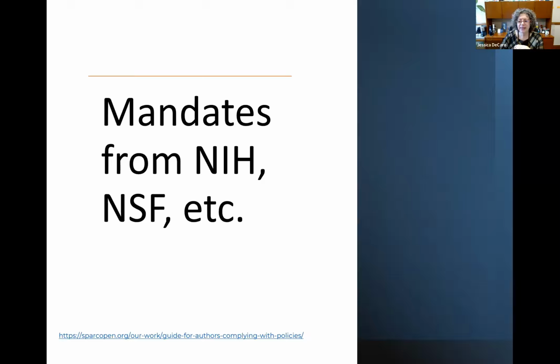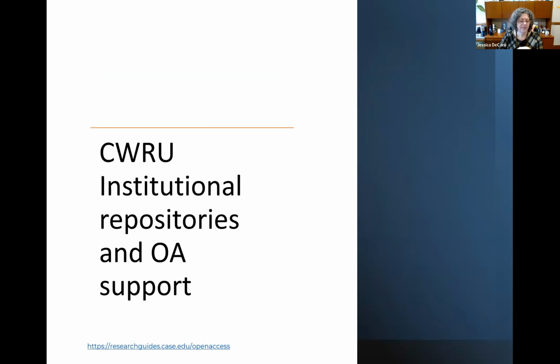And typically that is the author submitted version. It's not the final version of the publisher, like the pretty version, but it is the version that you submit and is finally approved by the journal that we can put into that repository. And if you have questions about that, we're happy to answer afterwards.